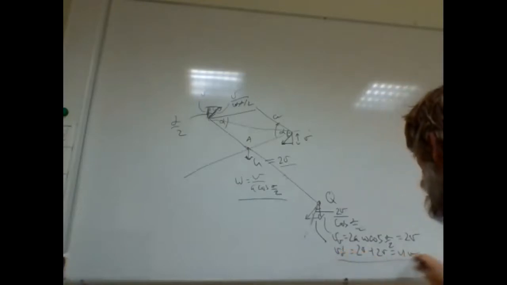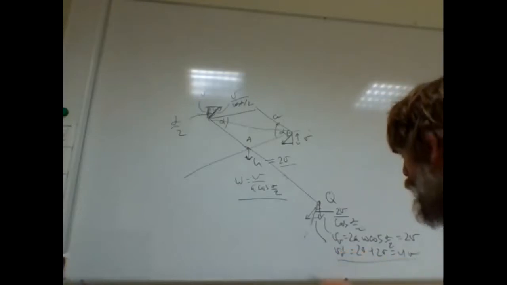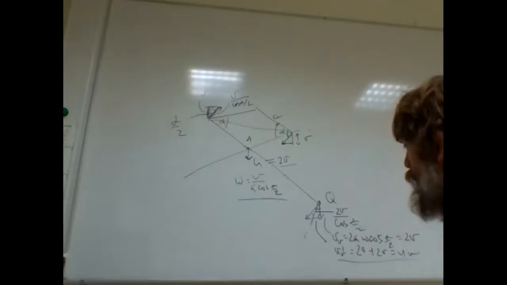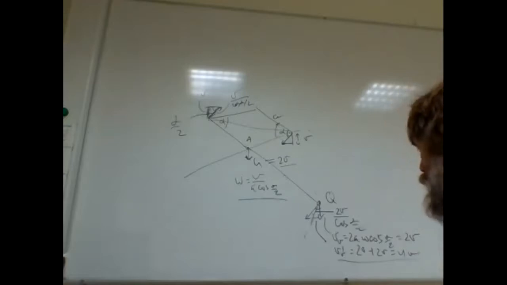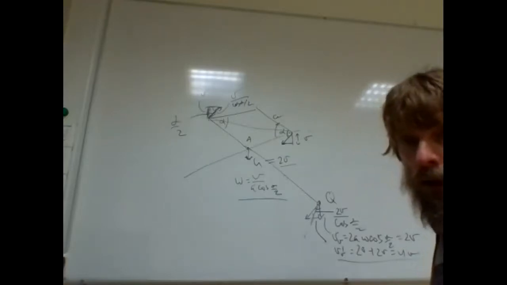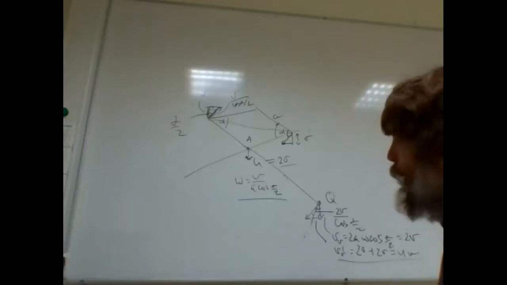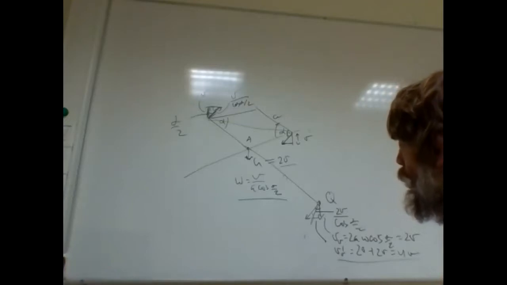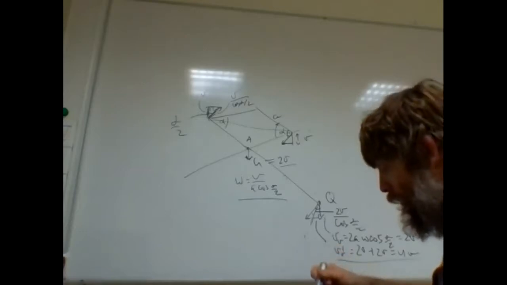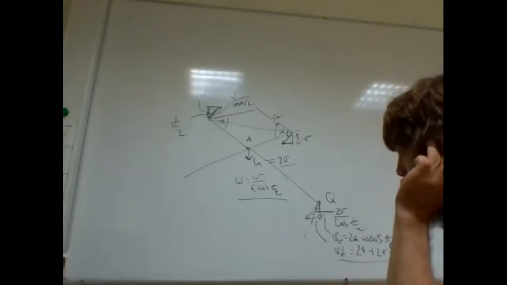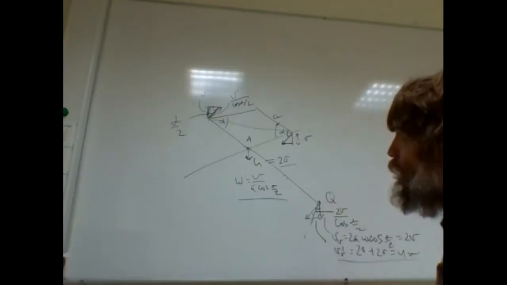Now, this is the vertical component of the speed, but we still need to figure out the horizontal component of the speed. We can find it the same way. Like for point P, we can find the velocity along the x-axis, and it is related to the velocity along the x-axis at point Q, the same way we did the vertical component.